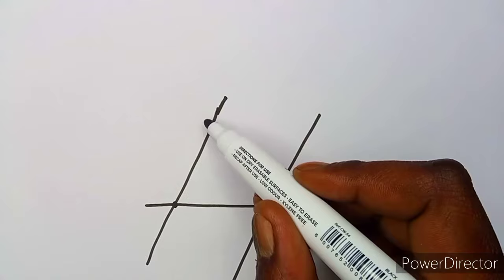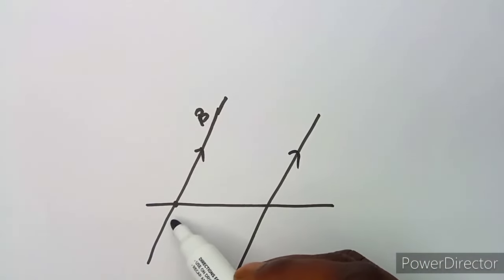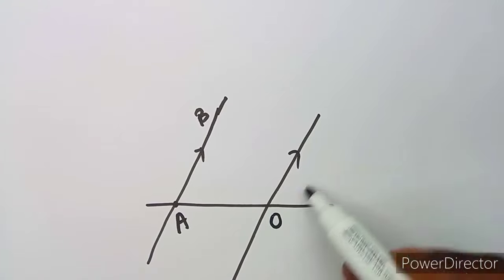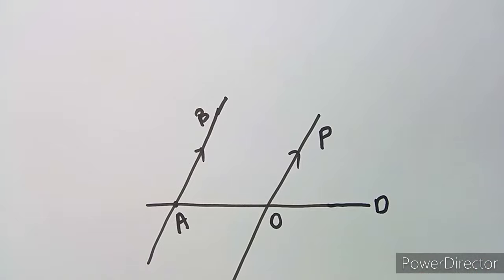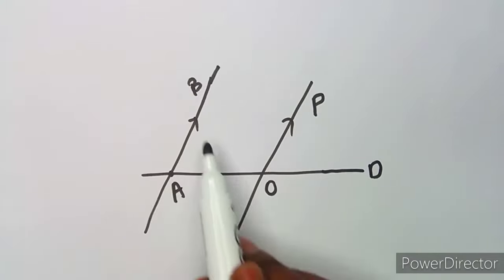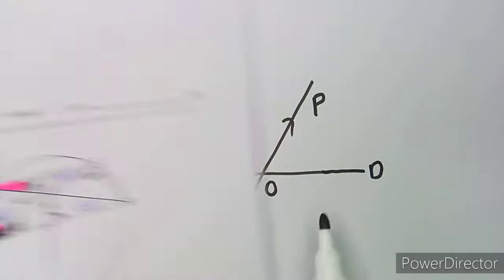This is the part that I want to explain here. From point B to A, these are the lines which are parallel: B to A, which is this line, P to O, which is this line, and O to D, which is this line.